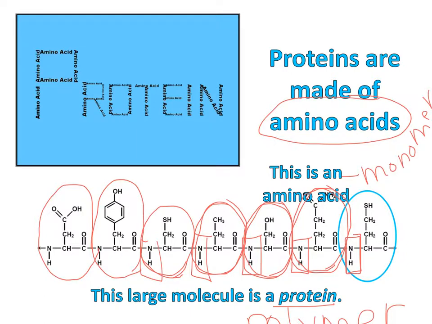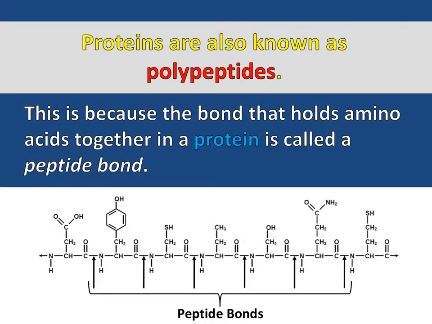Proteins have another name. They're known as polypeptides. So we've already talked about that prefix poly, meaning many. So we're talking about many peptides. Well, what's a peptide? We haven't talked about that. So the bond that holds the amino acids together in a protein or a polypeptide is called a peptide bond.